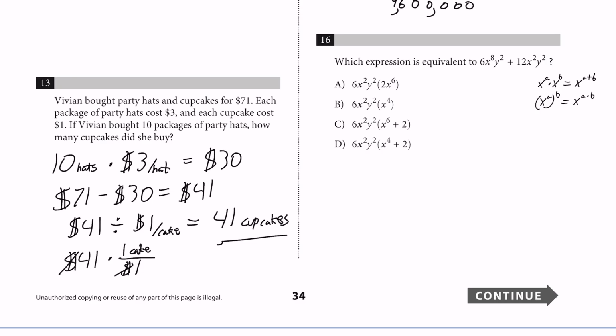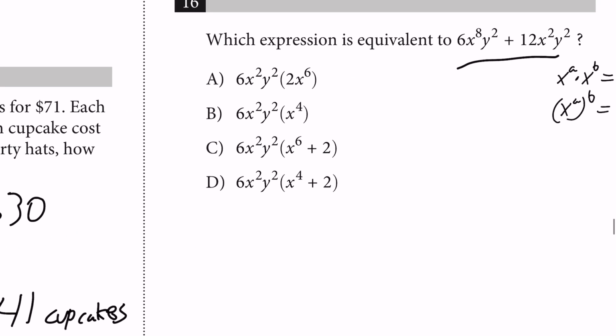What we're going to do is we're going to calculate each of these and see if any of them are equivalent to this. So for A, we have 6x squared y squared times 2x to the 6. So that's going to give us 12x to the 8 y squared, which is not equal. For this one, we're going to get 6x to the 6 y squared.